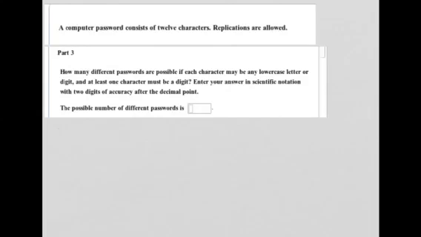So this really covers everything other than no digits at all. So what we're going to do is take our answer from part 1, 4.74 times 10 to the 18, and subtract 9.54 times 10 to the 16.